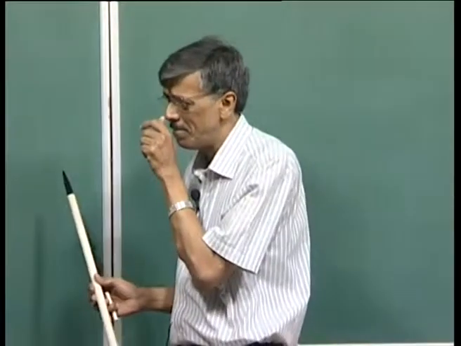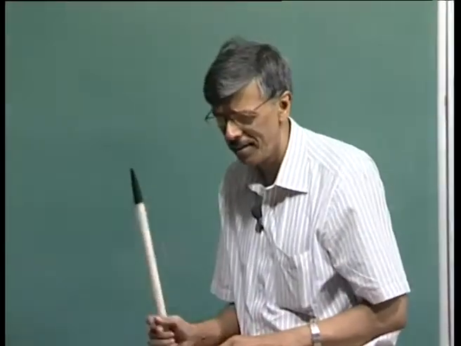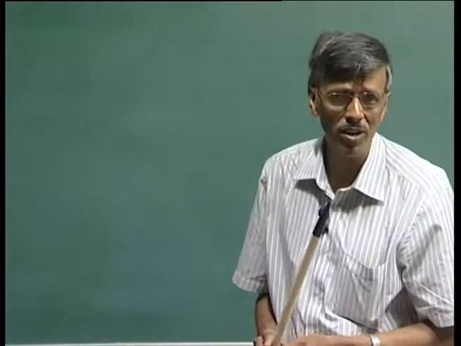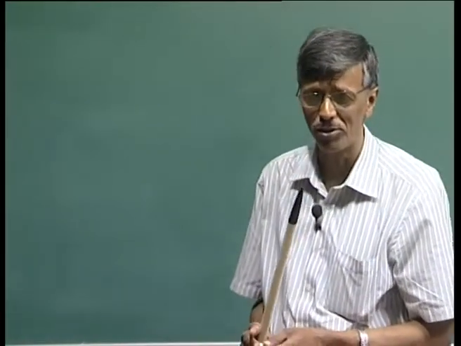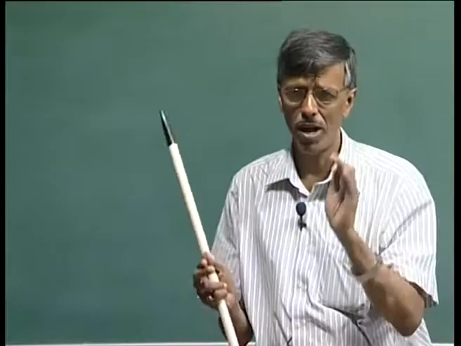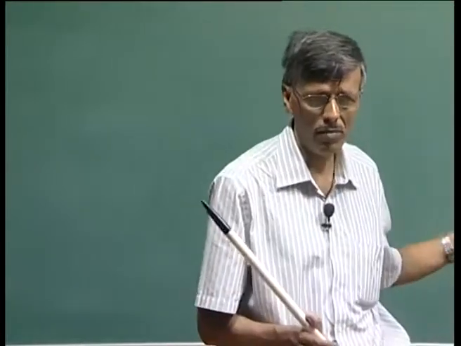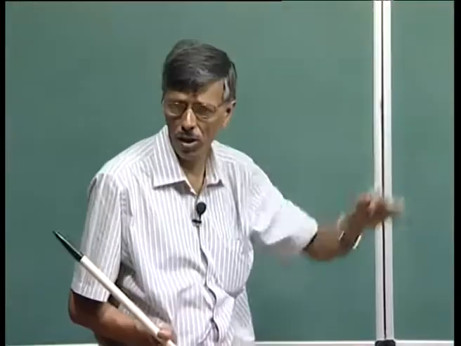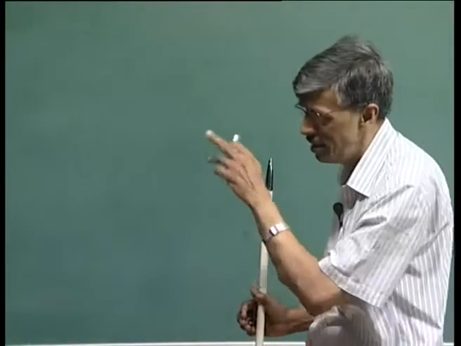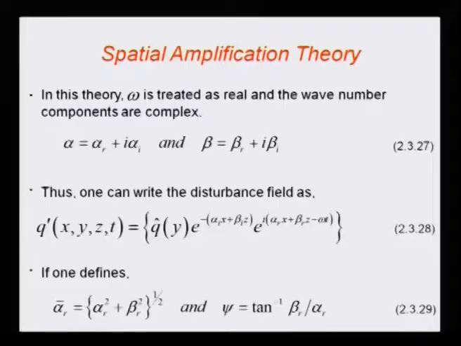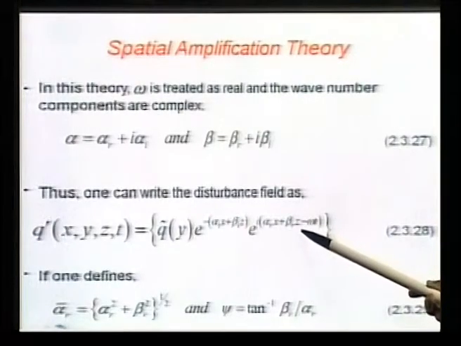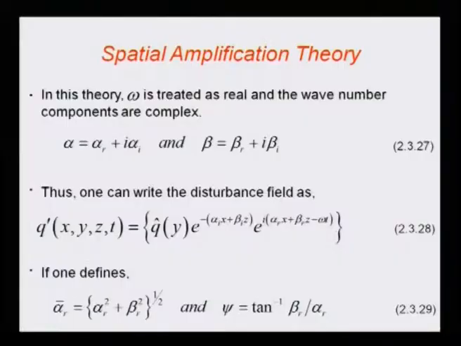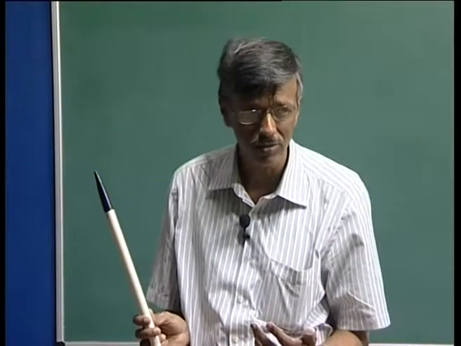Okay. Now, spatial theory is somewhat more complicated than the temporal theory. In temporal theory, we saw that alpha and beta are real, which signified that we were going along a particular direction, but here the scenario is a little more complex, because the real parts, alpha r and beta r, will help us in defining the phase speed and the group velocities, right.